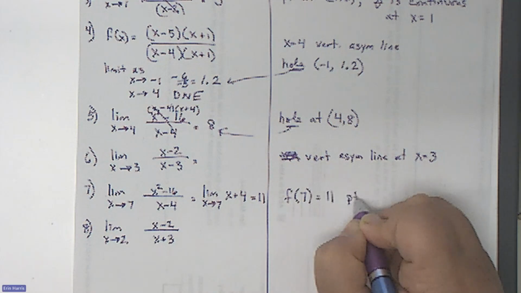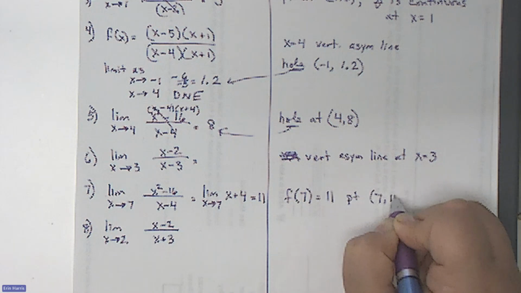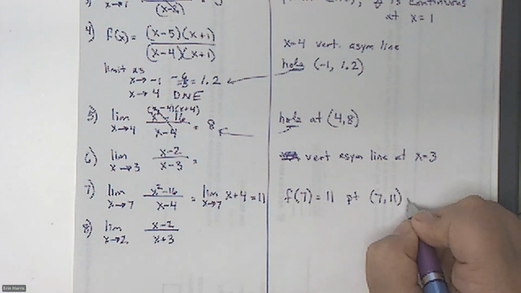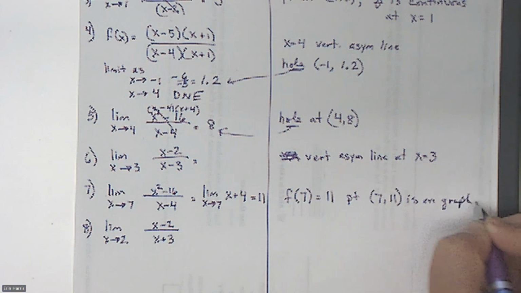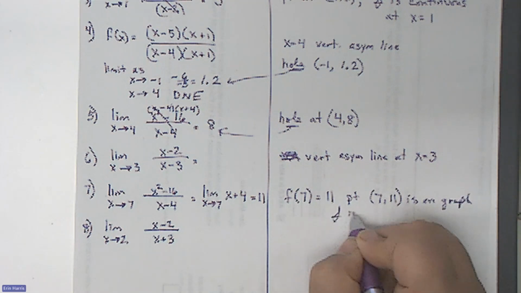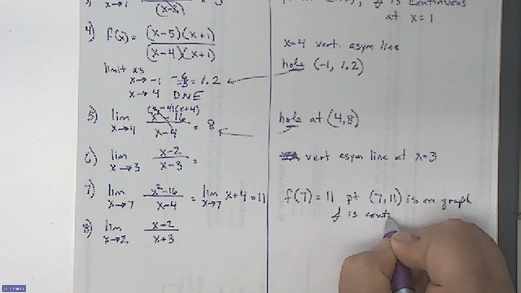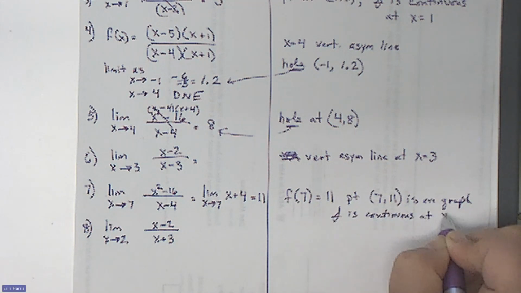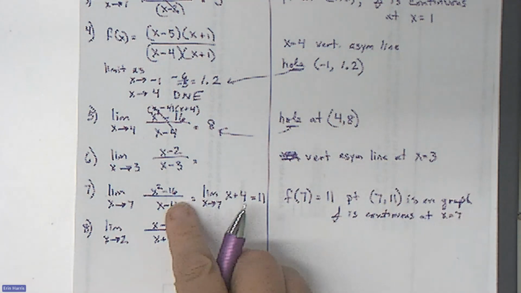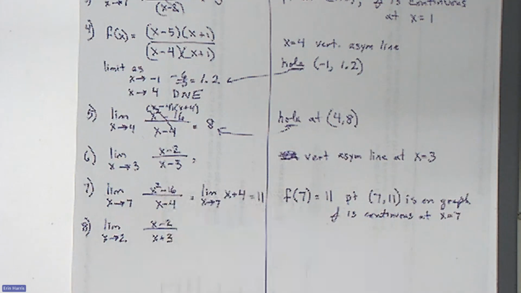So the point (7, 11) is on the graph. So f is continuous at x equals 7.